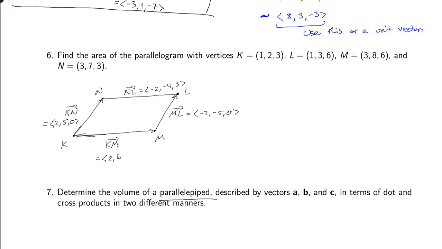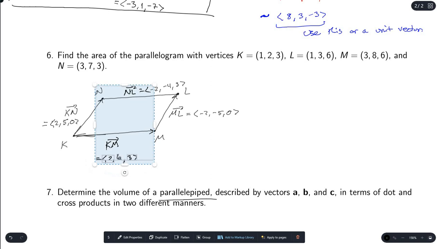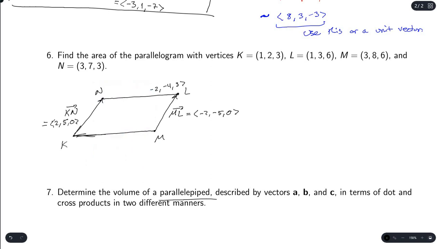And then 3 to 6 in the z direction is 3. So we see that these are not matching up the way we would imagine if this was actually a parallelogram. So this does make a parallelogram, but this is not the order of the points for it to be a parallelogram. So we're just going to change how we've ordered the names here.